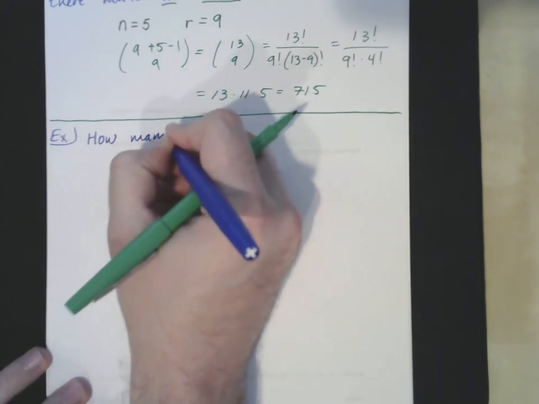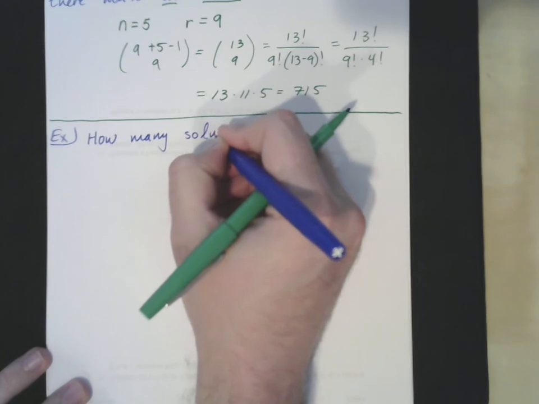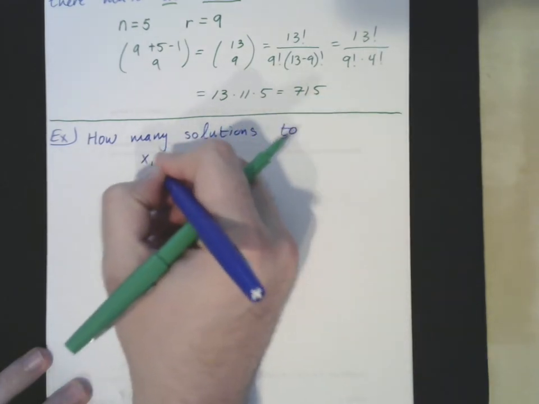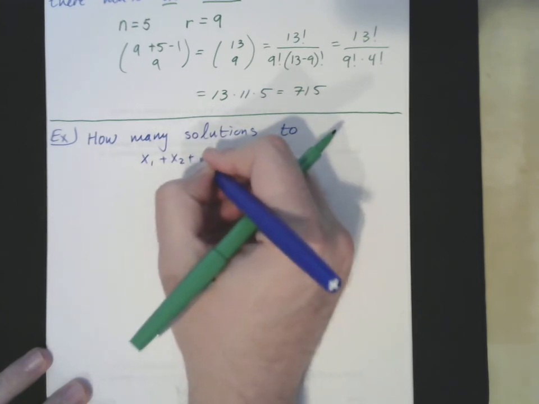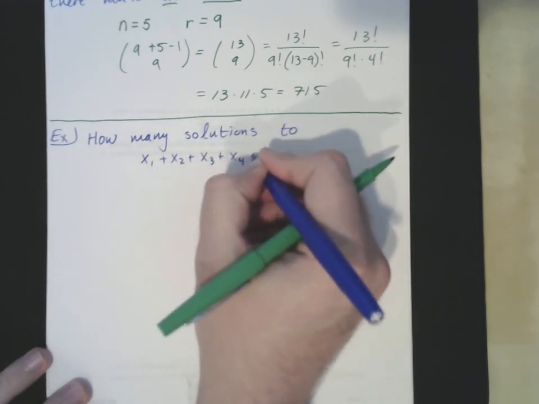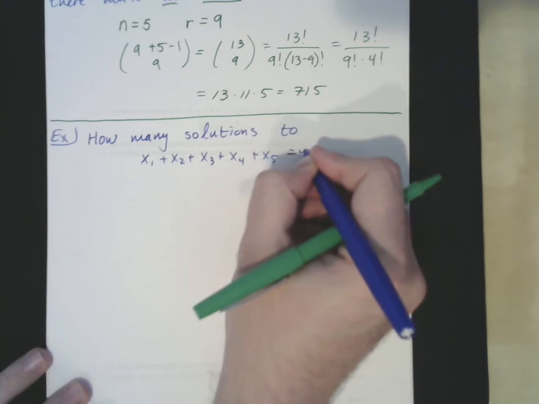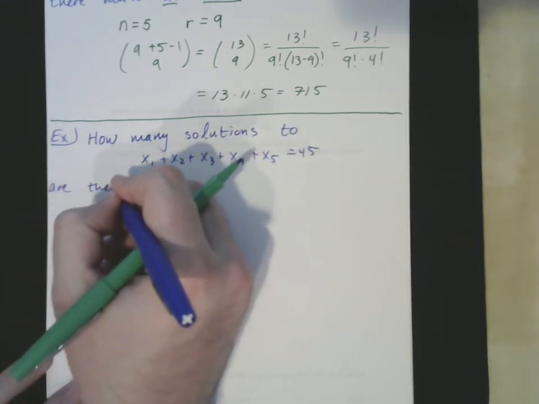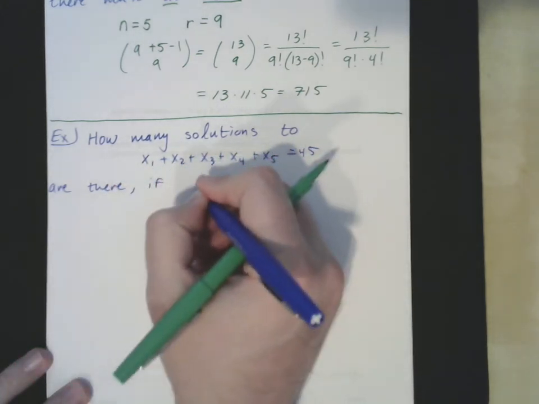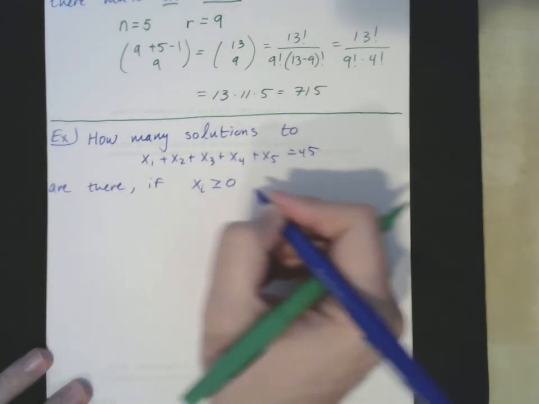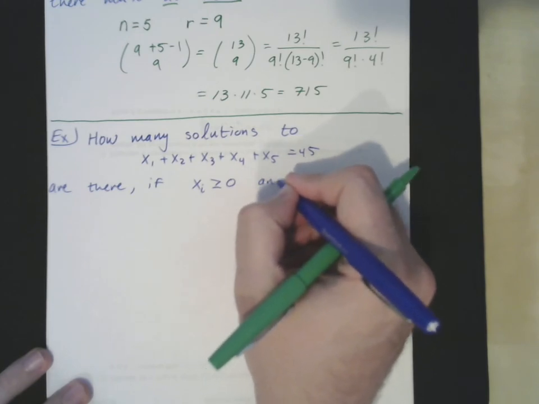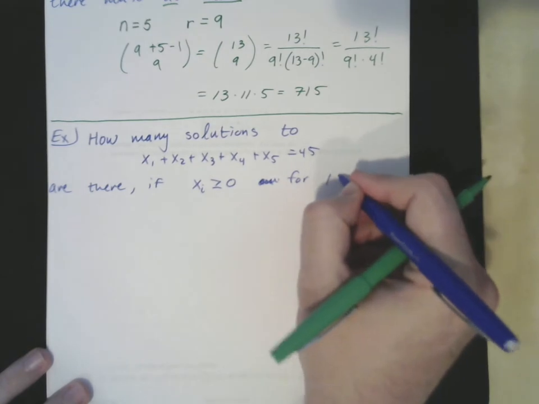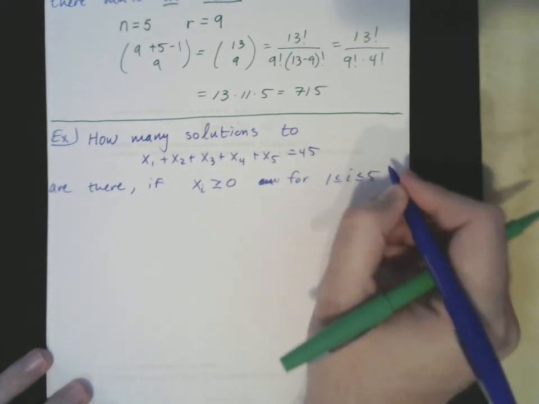How many solutions to x1 plus x2 plus x3 plus x4 plus x5 equals 45 are there if each x sub i is greater than or equal to 0, for 1 less than or equal to i less than or equal to 5?